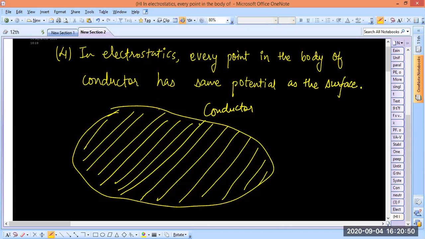Let's say we have given it some positive charge. So where will the charge be if we give it some positive charge?